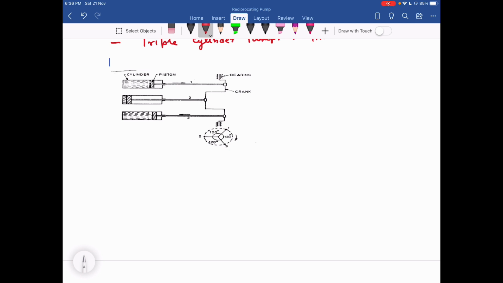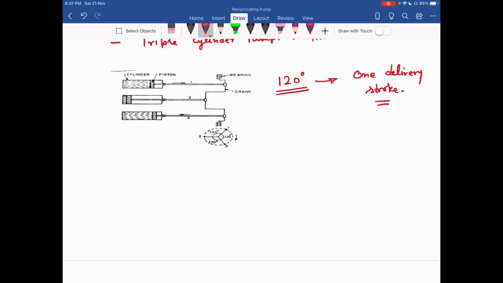Now here you can see the crank is set at an angle of 120 degrees. So for every 120 degree rotation of the crank, we get one delivery stroke.